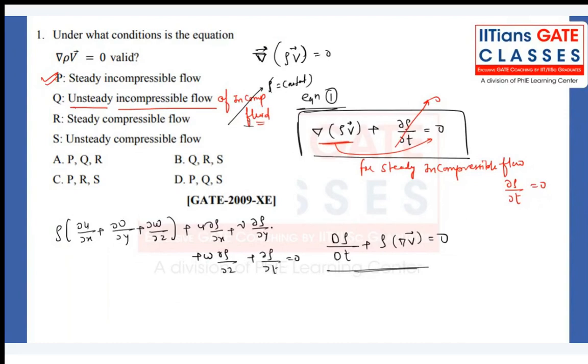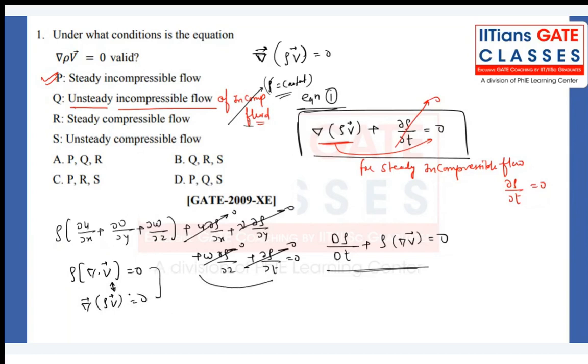When density is taken as constant, that means it is not a function of x, y, z or t. All the terms will be 0. Then what are we arriving at in conclusion? Del dot v has to be 0. Or further, this can also be written as del dot rho v, that is also 0. Check it out. If all these terms are 0, can we write these two equations to be the same?